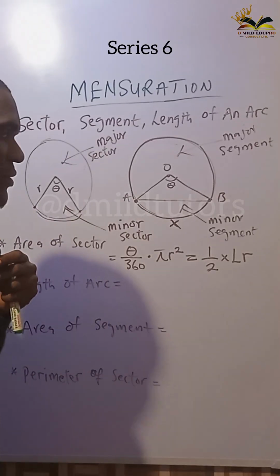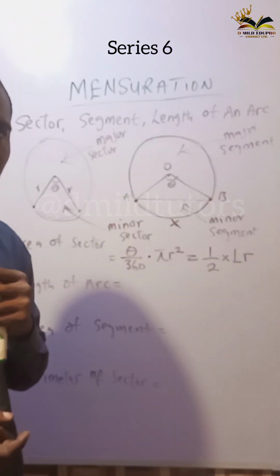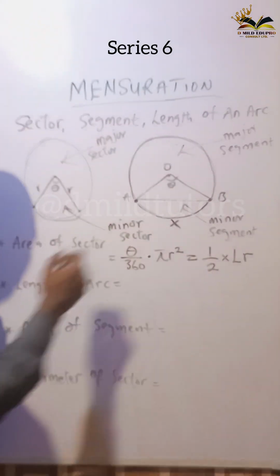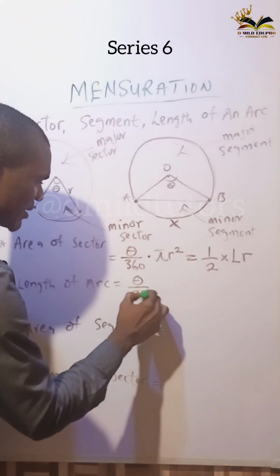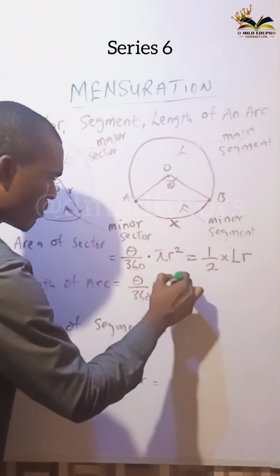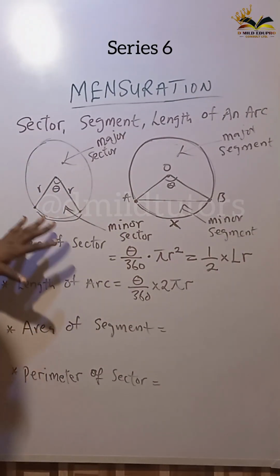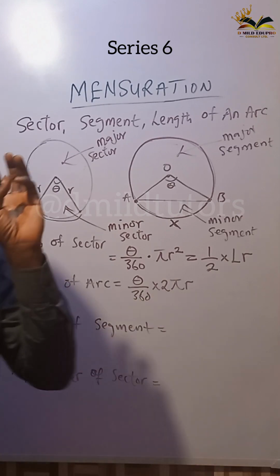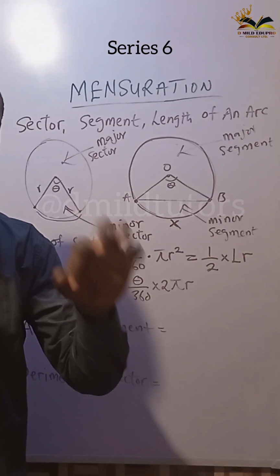Very important. Assuming you are not given the length of the arc, how do you calculate the length of an arc, which is this L here? The length of an arc is given as theta over 360 times 2 pi r. So even if you are not given the length of an arc and they ask you to calculate the area, you will be given this angle here, you'll be given pi, you'll be given the radius.